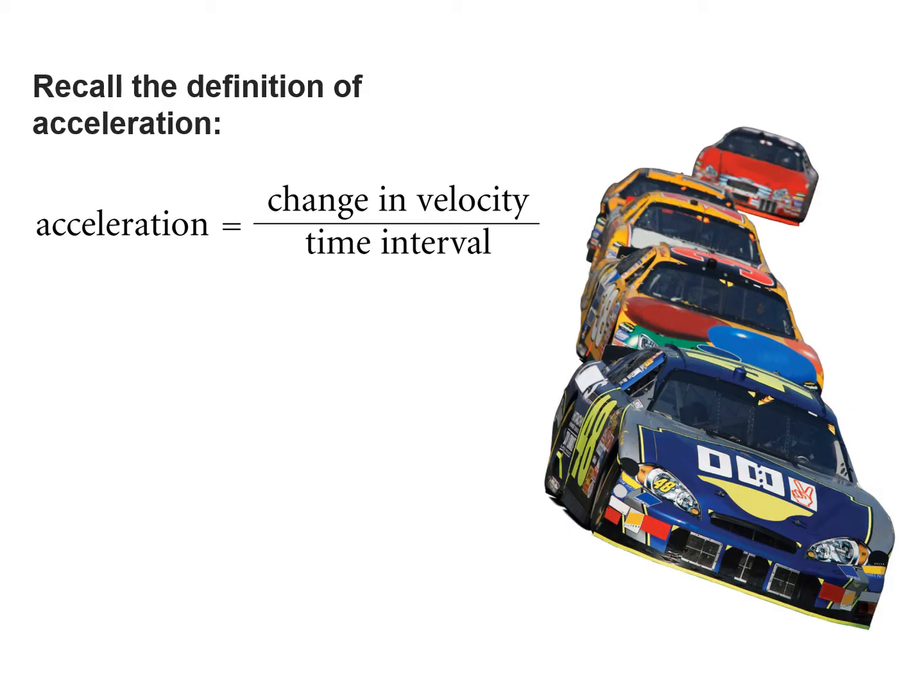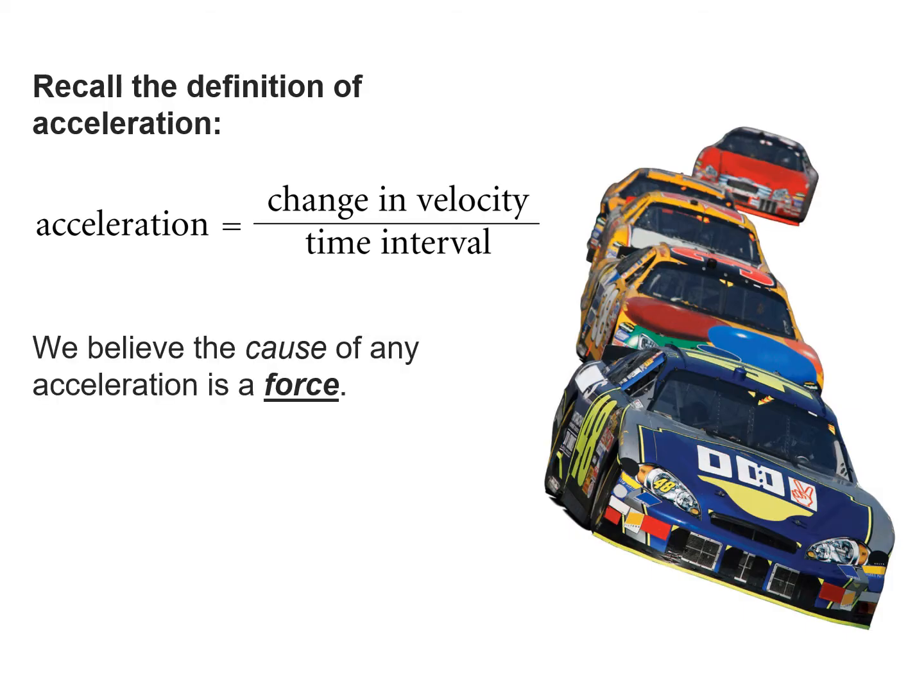If you'll recall the definition of acceleration, it's a change in velocity over time. And velocity, as you'll recall, includes both speed and direction. So any change in speed or any change in direction results in an acceleration. We believe that the cause of any acceleration is a force.